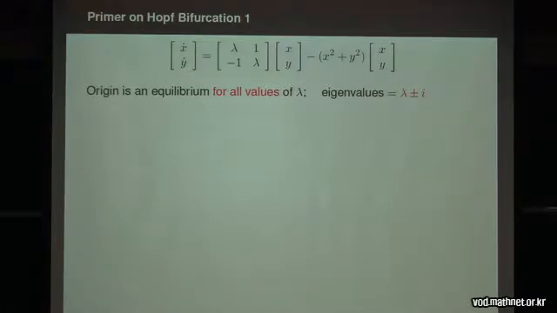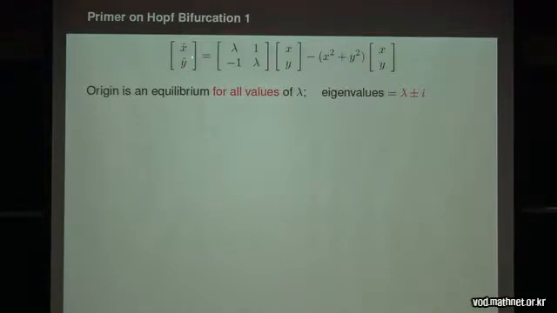The idea of bifurcation theory is that as you vary a parameter, some solution structure changes, and that's called a bifurcation. Hopf bifurcation is that you have an equilibrium, and the equilibrium becomes unstable, and from there a periodic solution emanates.